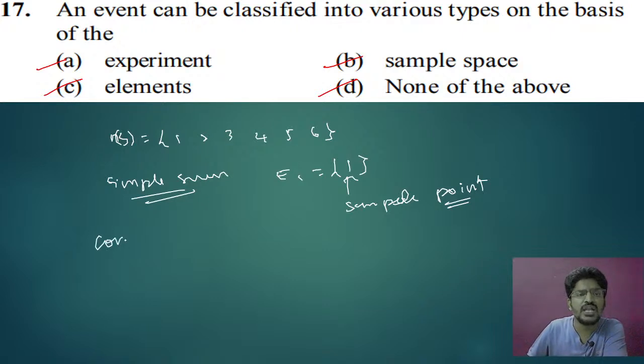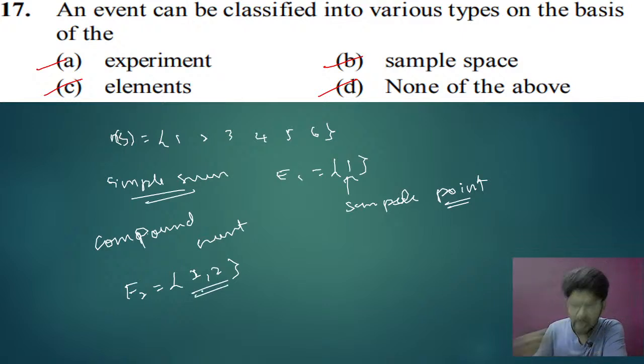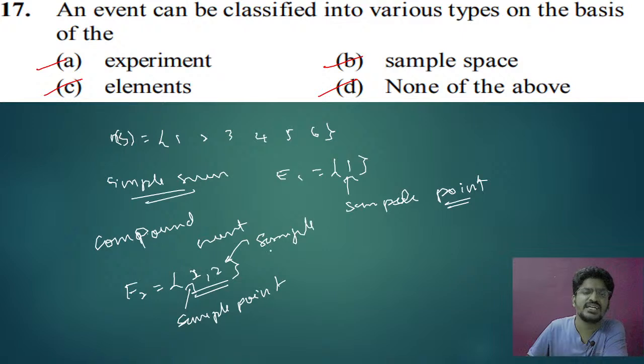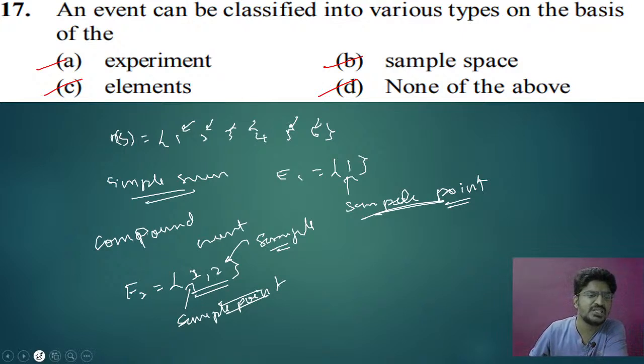What is a compound event? An event which has more than one element is called a compound event. It is also based on sample points. Here there are two sample points, so we say it is a compound event. That means it depends on the elements of the sample space. Sample points are nothing but your elements. Therefore option C is the correct answer.